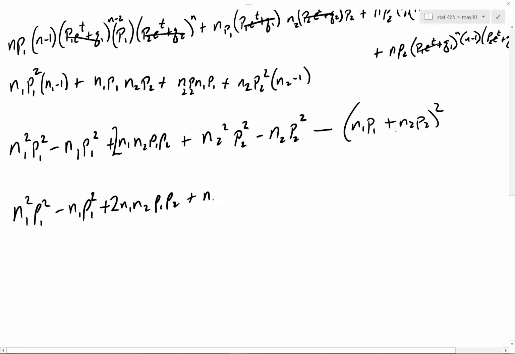Plus n2 p2 squared minus n2 p2 squared minus, and if you FOIL that out, you're going to get n1 p1 squared, right? Minus 2 n1 n2 p1 p2 minus n2 squared p2 squared. Bam!